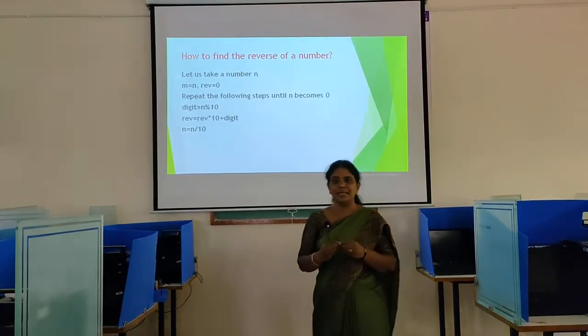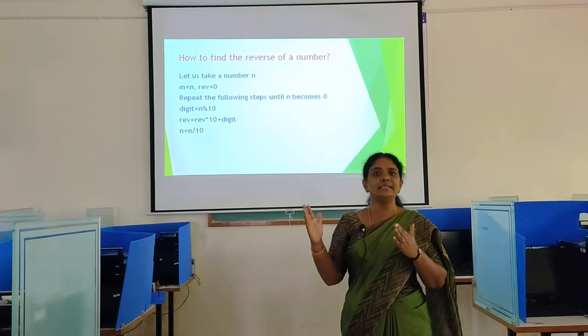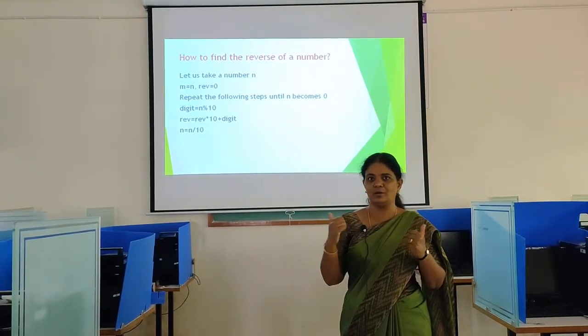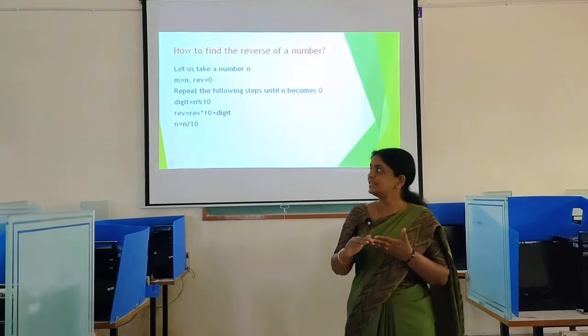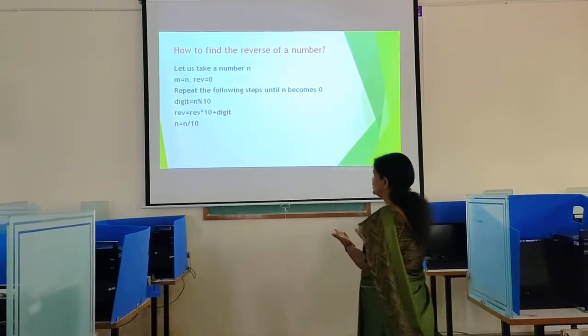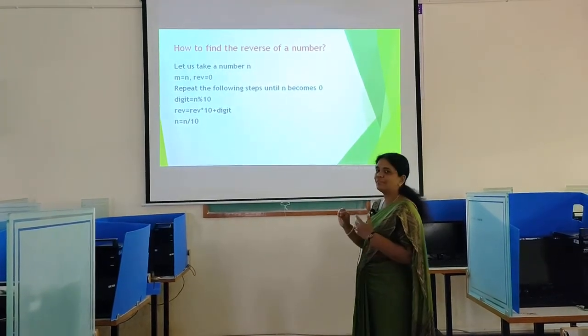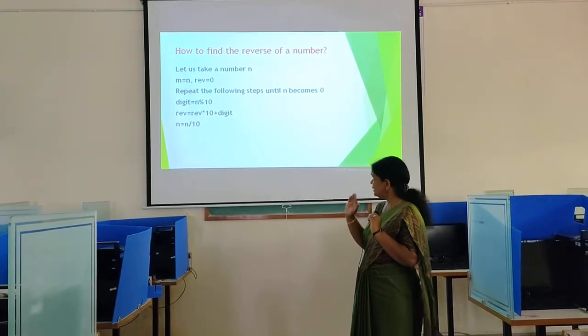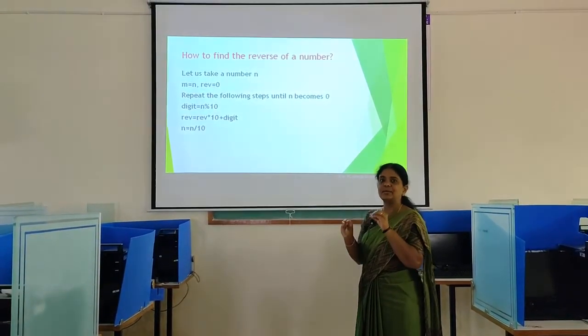Now we will write a program that reads a number and checks whether it is a palindrome number or not. As I told you already, we have to reverse a number first, then test the reverse with the original number. For reversing a number, we have simple steps. Before going into that, we should extract the last digit of a number.